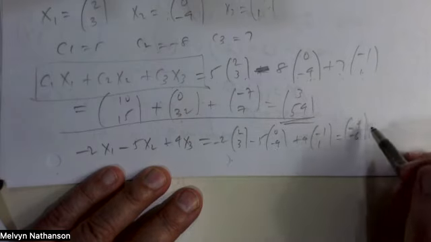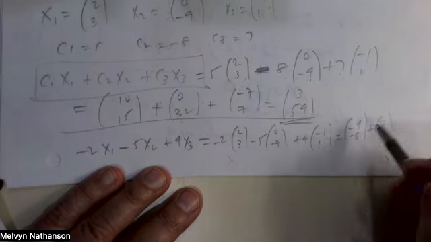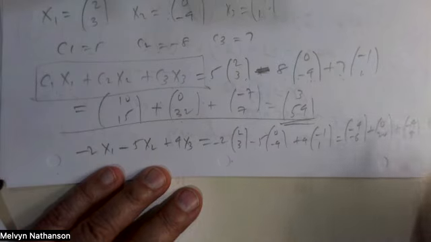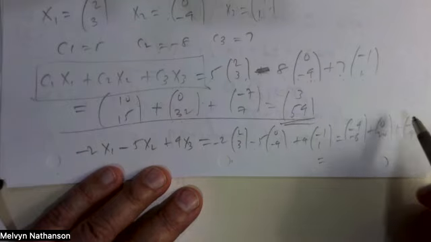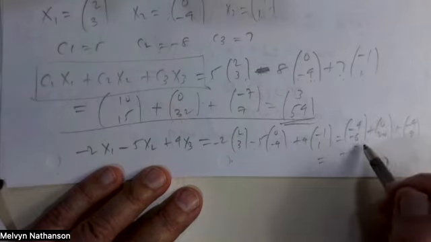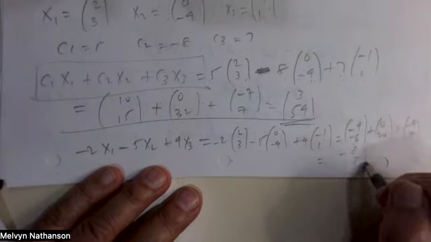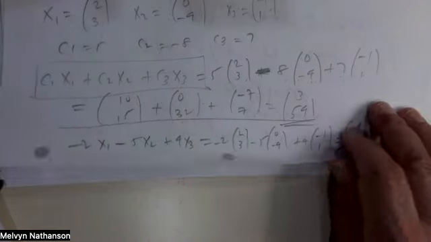Minus 5 times (0, -4) is (0, 20). And 4 times (-1, 1) is (-4, 4). So if I add that up, I get minus 4 plus 4 is minus 8. Minus 6 plus 20 is 14, plus 4 is 18. Excellent. So if that's what you got, good for you. That's what it is.